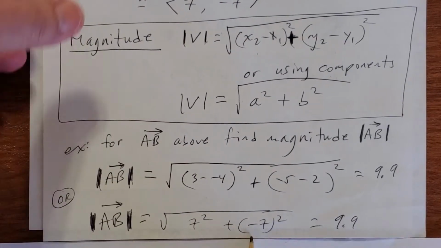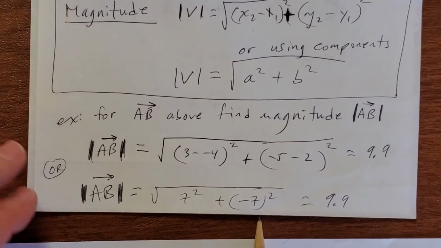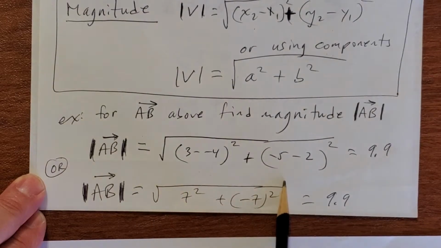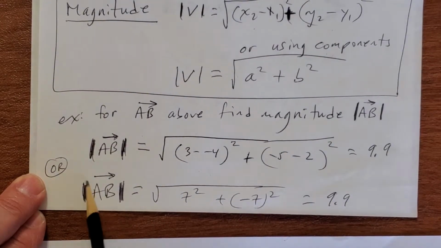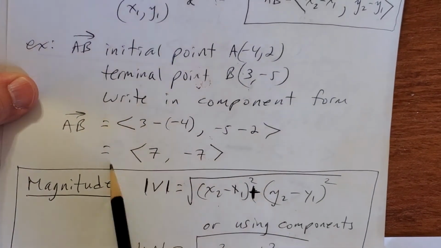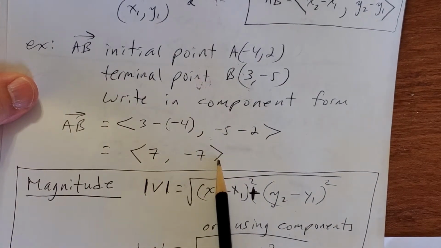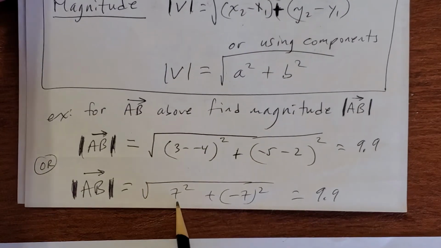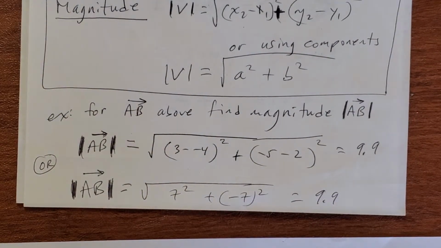But now I want the magnitude, so I square them, add them, and take the square root. That's how I find the magnitude. The bars mean the magnitude, and that's different from just a vector. 7, -7, I'm done. That's the vector in component form. This is the magnitude of that same vector. It's 9.9 units long.